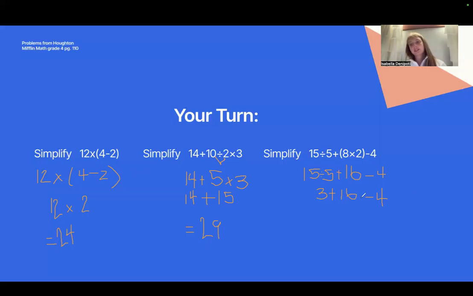So 3 plus 16 is 19. Then minus 4 comes down, and the new expression to get the solution is 19 minus 4, which would equal 15. And there you have it.